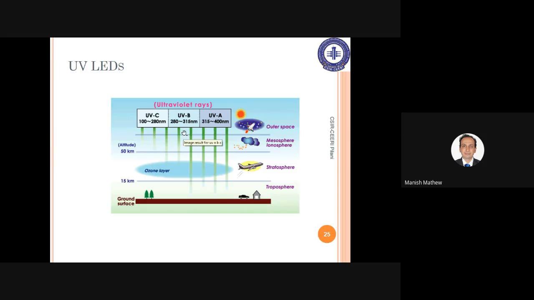The UVB is mainly absorbed by the ozone layer that is present in the stratosphere, while some part of UVA reaches the Earth, though most of it is absorbed by the ozone. Now, since we are not getting any UV light from the sun or from nature, can we generate a UV source?